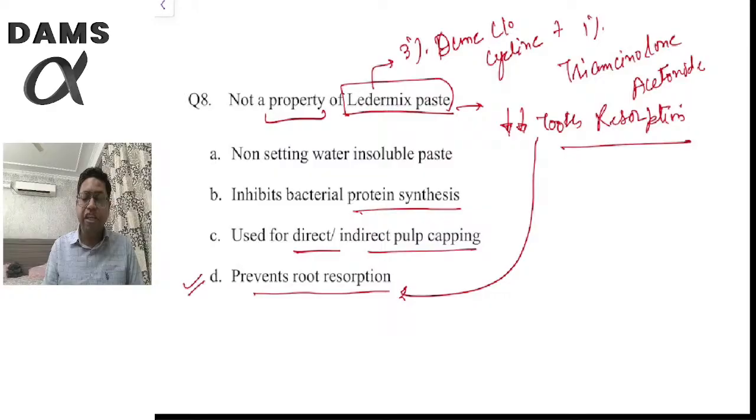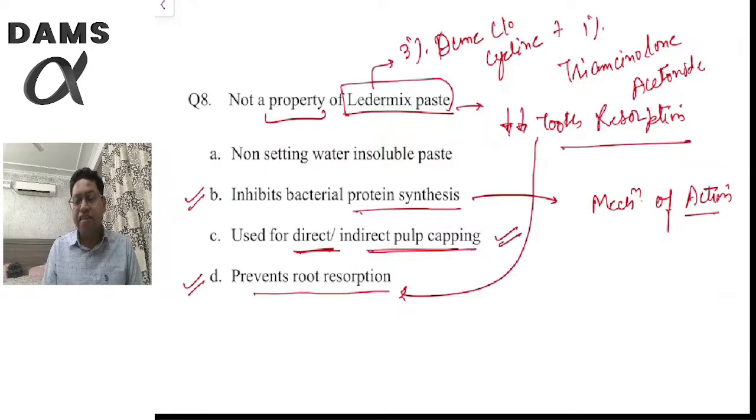So definitely option D is correct. It inhibits bacterial protein synthesis. Option B is also correct. It is the mechanism of action of Ledermix paste. Okay. It is used for direct and indirect pulp capping. Yes, it can be used for direct and indirect pulp capping.